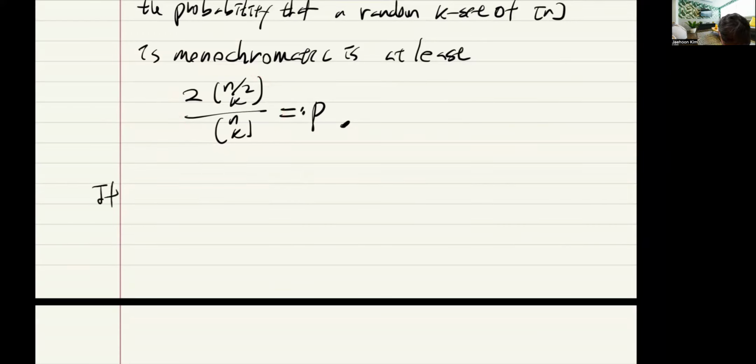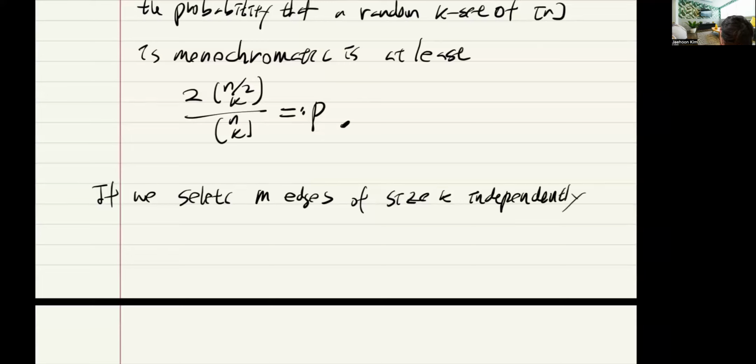So if we select m edges of size k independently and uniformly at random, so you choose one and then you add it, you choose another, you add it, you choose a third one and you add it.